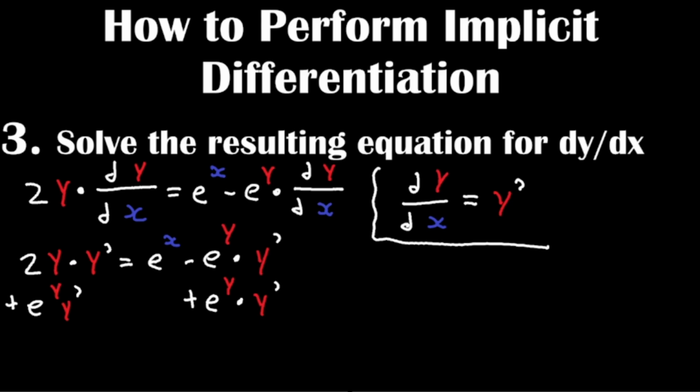So on the right side, this minus and plus will cancel. On the left side, we can group our like terms. So we have a y prime, we can take out of both of these. And then the rest would just be 2y plus e to the y.